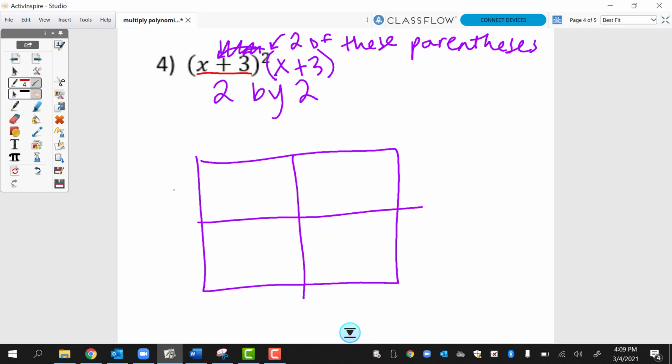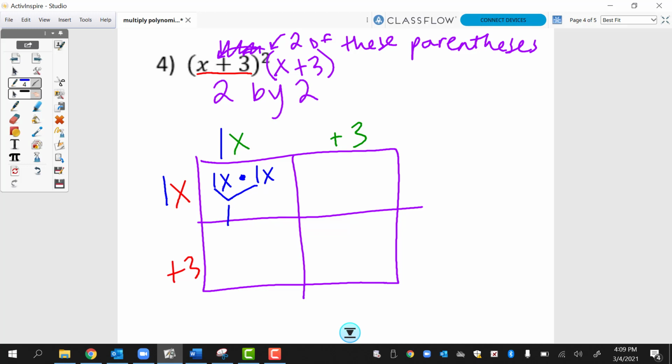So I have my x plus 3 as my 2 terms and another x plus 3. Okay. So first box, we know this is a 1x and a 1x. So 1x times 1x, we're doing multiply the big numbers. So 1 times 1 is 1.